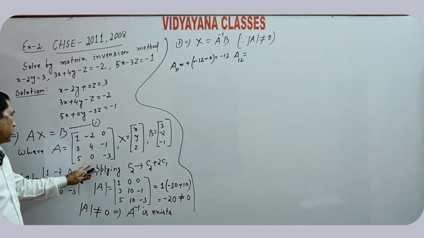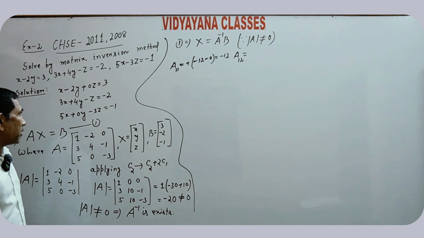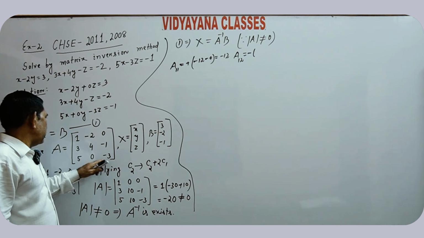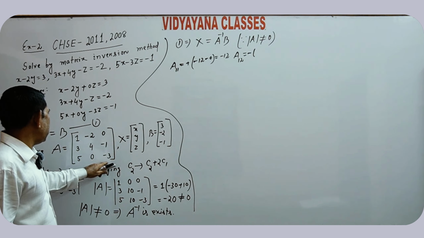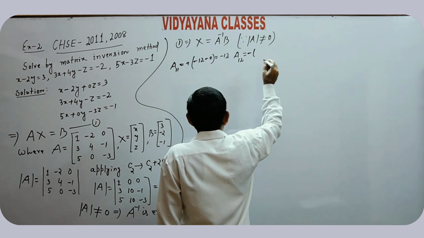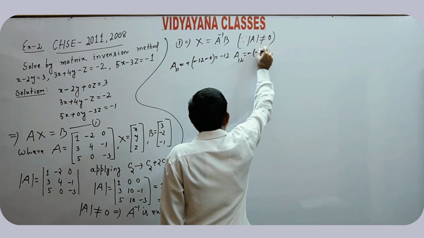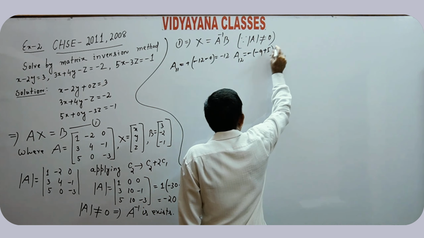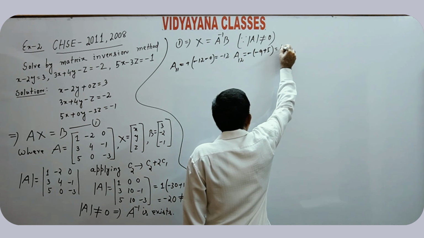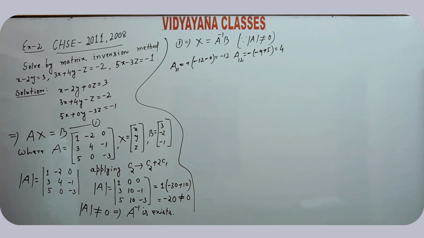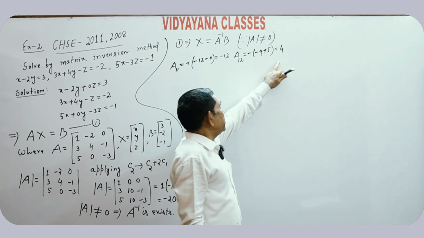Deleting this row and this column, it gives minus 9 plus 5, that is equal to minus 4, and its sign is negative. Minus of minus 4, that is equal to 4.